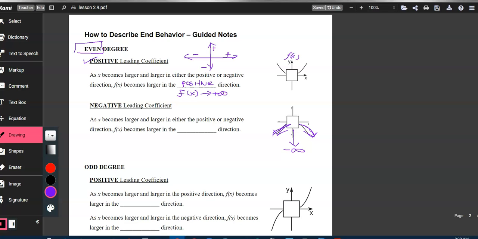So it's getting larger in the negative direction. Questions there? So this is an example of y equals x squared. This would be y equals negative x squared.